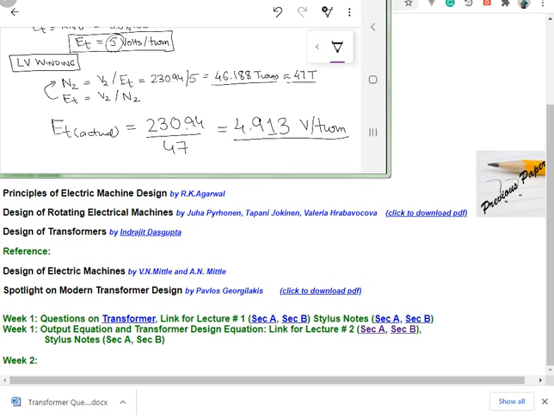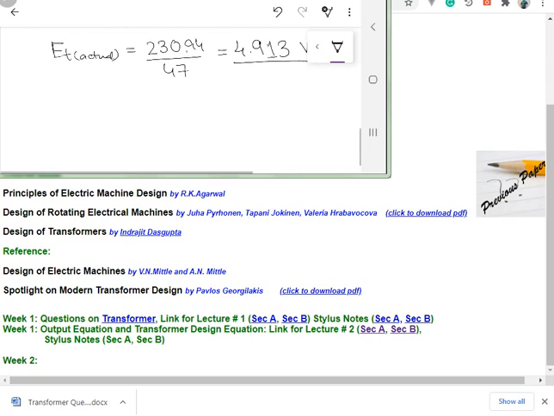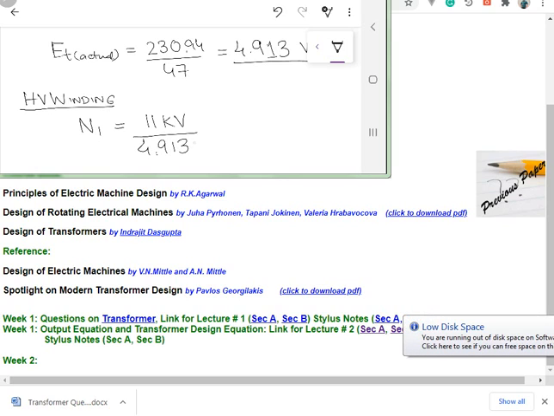Now this ET actual you are again going to use for the high voltage winding. So what is going to be N1? N1 is equal to 11 kV divided by 4.913 volts.